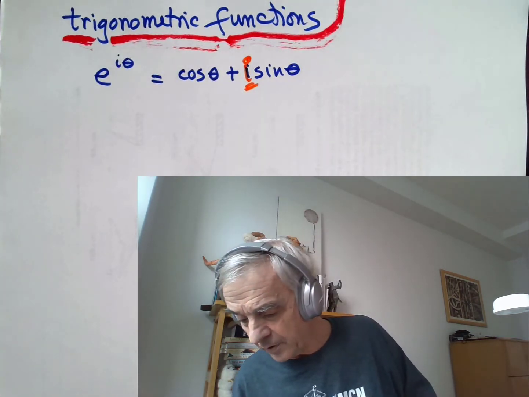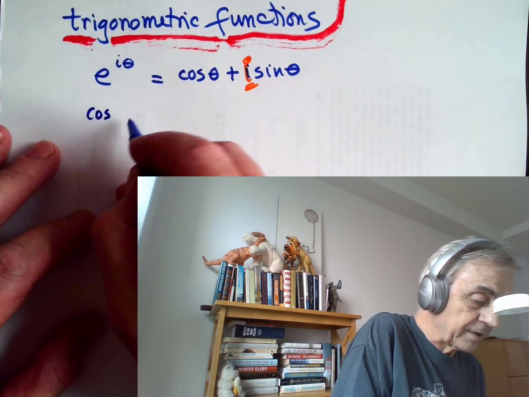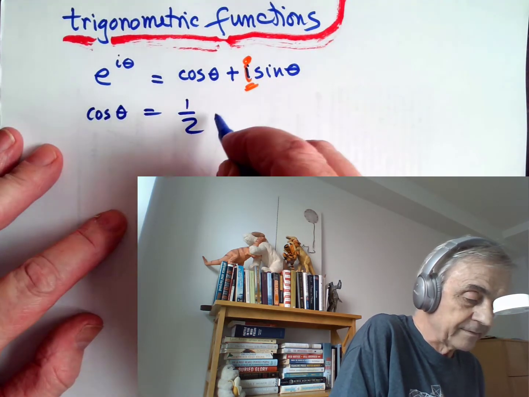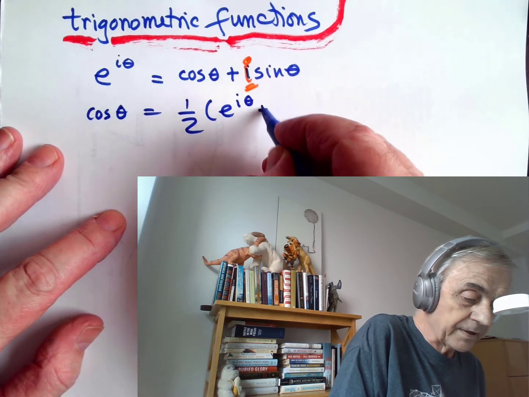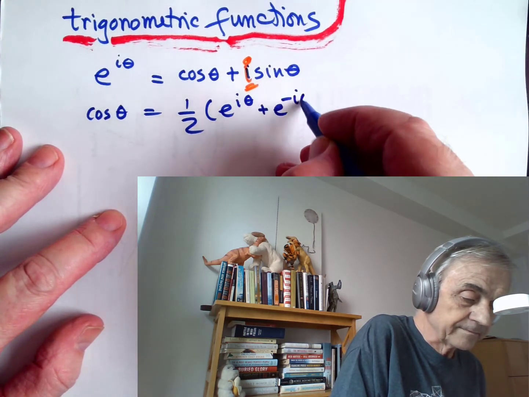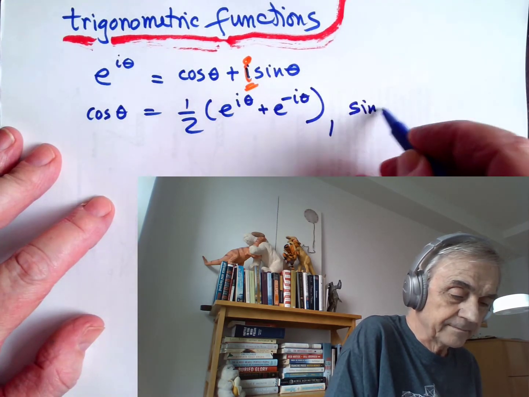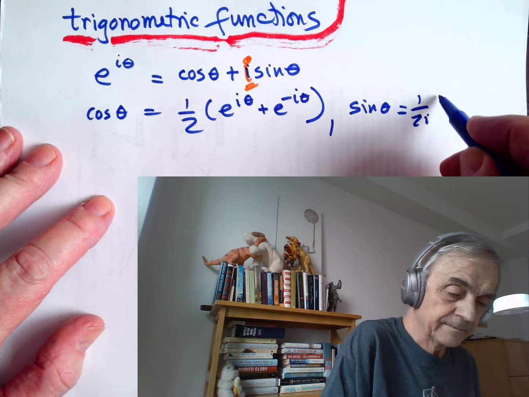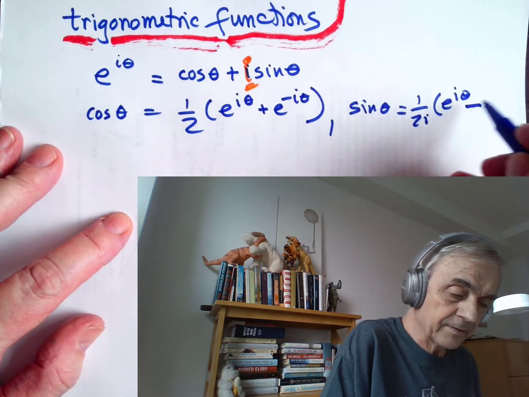Out of it come all kinds of handy formulas, like cosine of theta is 1/2 of e to the i theta plus the complex conjugate, and sine of theta equals 1/2i of e to the i theta minus the complex conjugate.